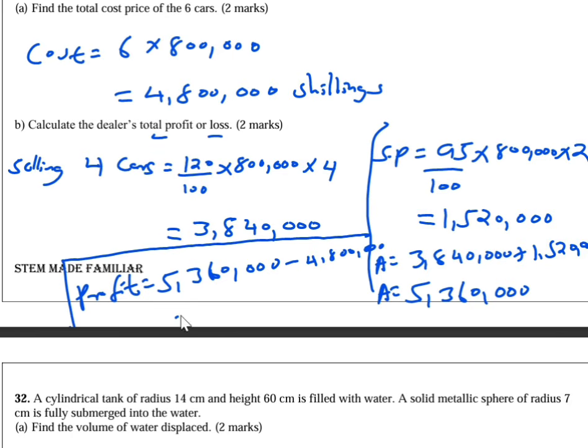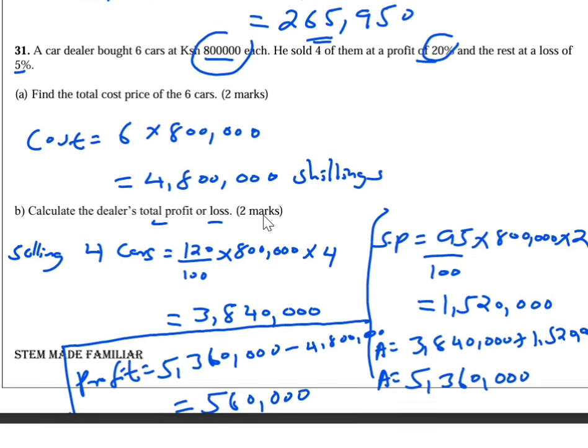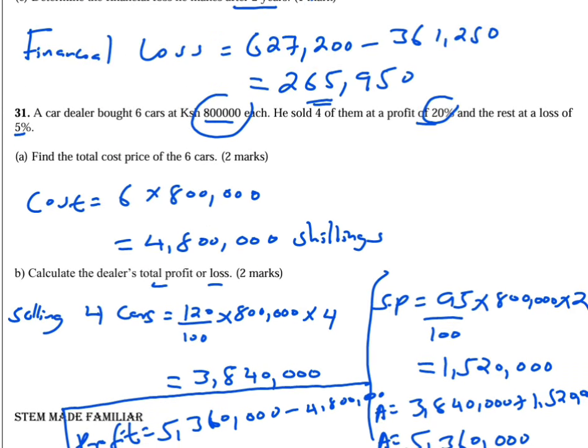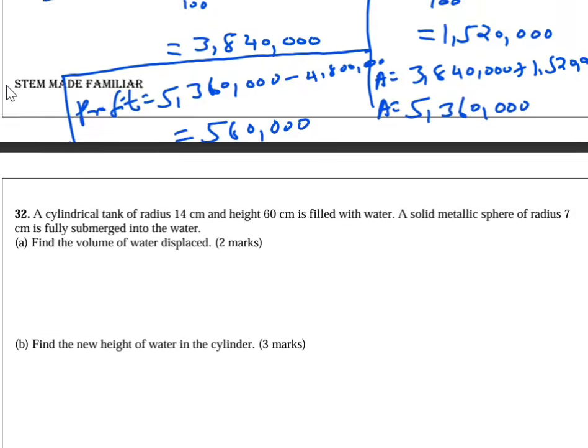So subtract these two, you'll see anapata 560,000. So that is the profit, 560,000. So this is a very good business. Kama iko na 560,000 profit, then it's a good business. So for number one, tushamaliza part A and B. We continue to number 2.